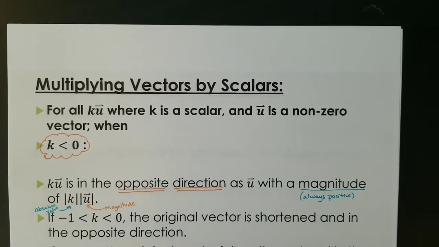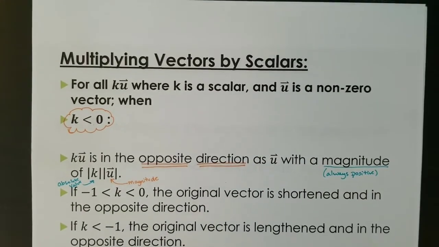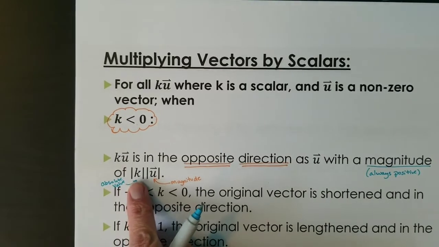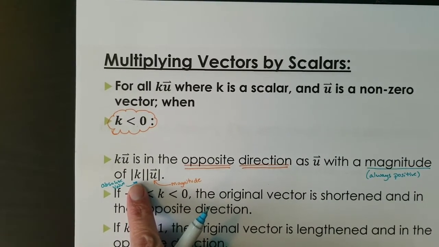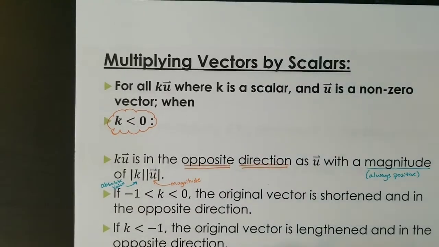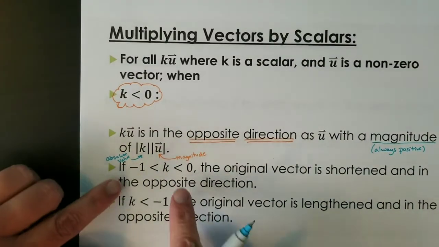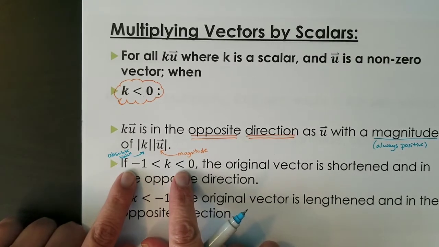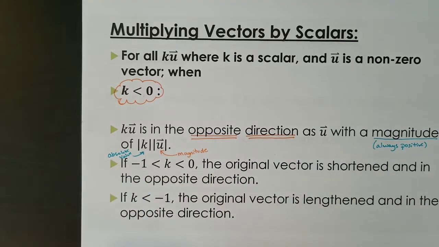So here we have that the magnitude of the new vector is the absolute value, or just the positive part, just the number part, not that sign, times the original magnitude. So if we have a negative fractional number, between 0 and -1, then this again will shorten it. A vector multiplied by a k value of, say, -1/2 will be shorter, but in the opposite direction.